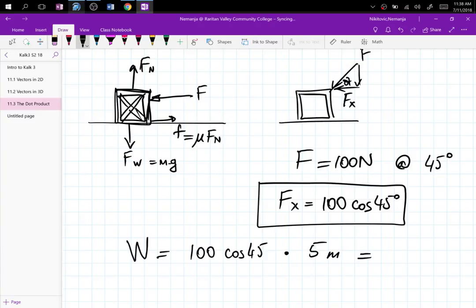Now, why are we computing work? We're computing work because work is related to power. And in today's day of automation, we generally don't do the work. Most of the work is done by machines, which are run by electrical motors. And electrical motors have specs in power. Power is directly related to work.